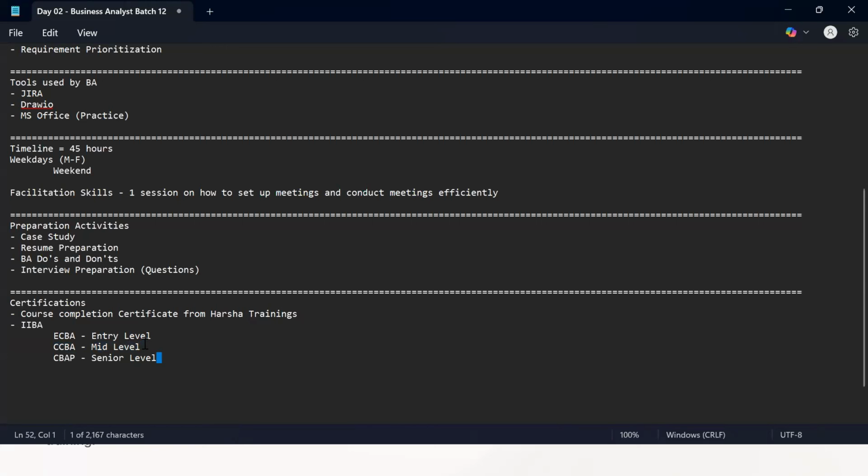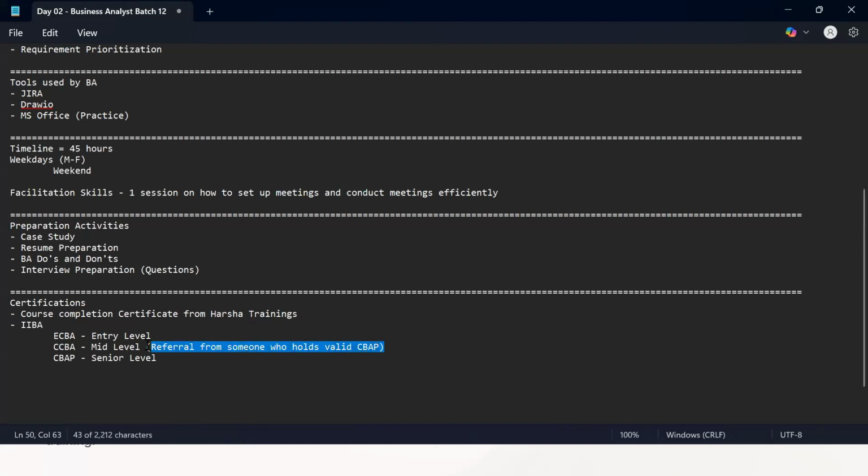I said in CCBA and CBAP, work experience is required. So how will IIBA validate whether you have sufficient work experience or not? They require a referral from someone who holds a valid CBAP certificate.